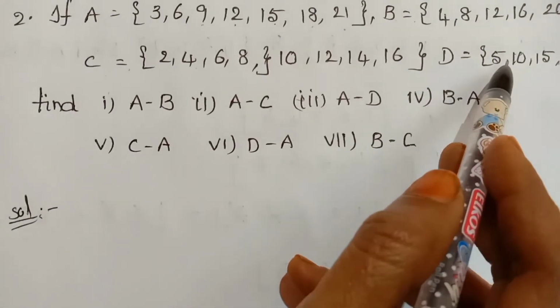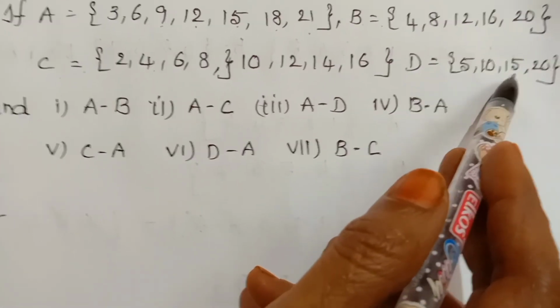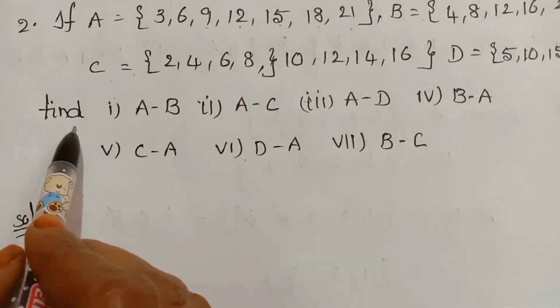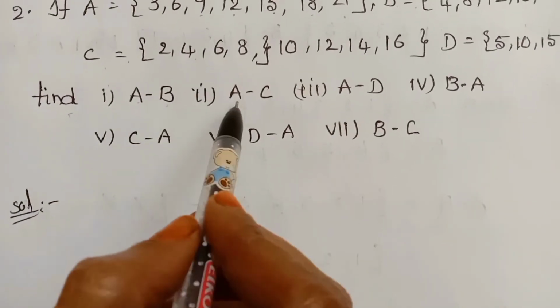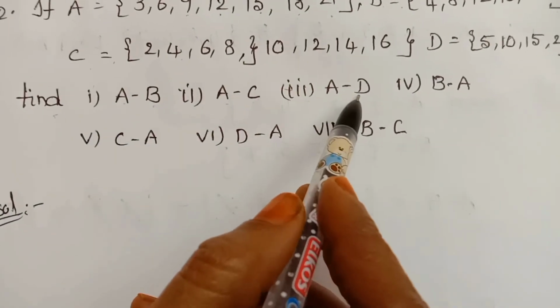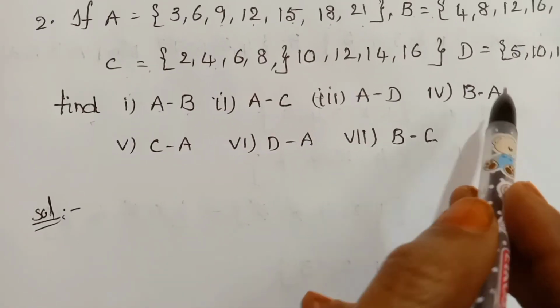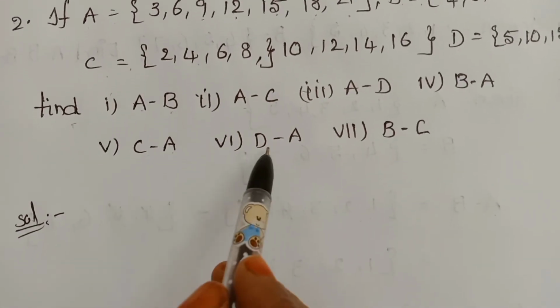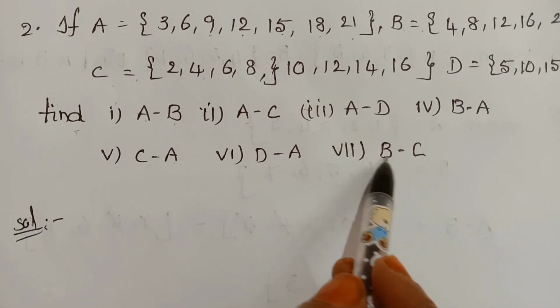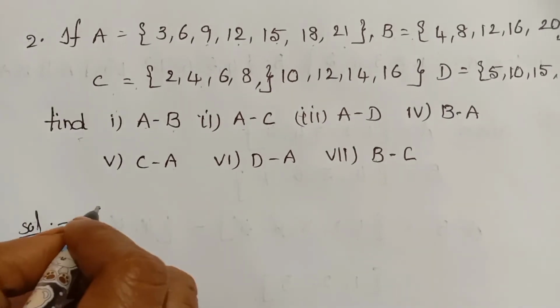D is equal to 5, 10, 15, 20. Find A minus B, A minus C, A minus D, B minus A, C minus A, D minus A, B minus C.